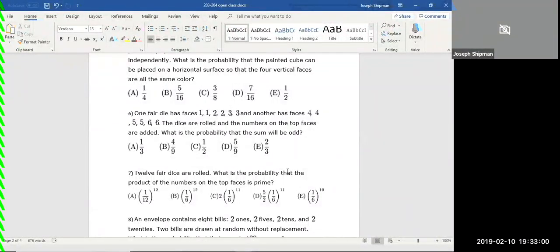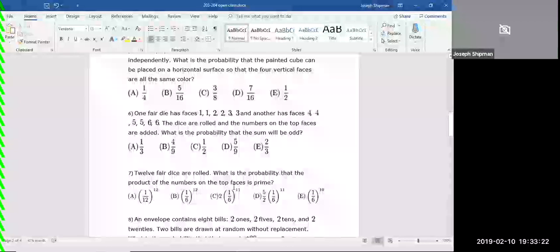So our choices are, how many of the 12 numbers have to equal 1? Anybody tell me? What does it mean to have a success here?